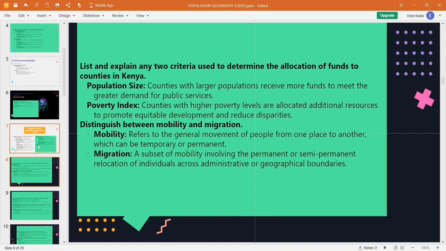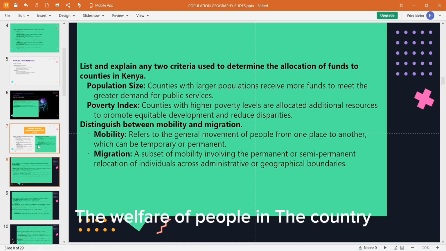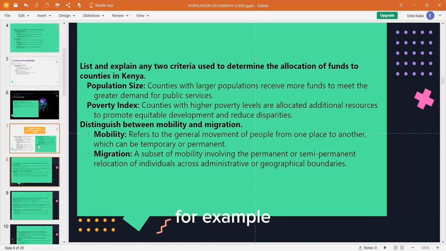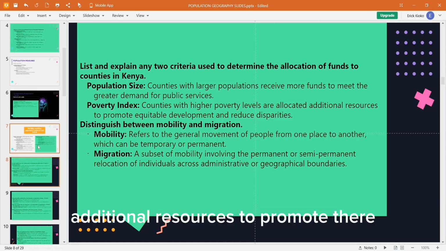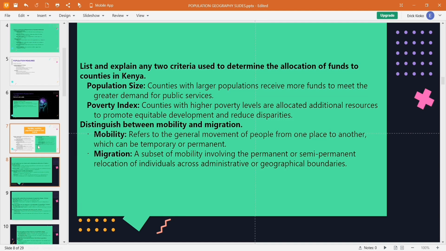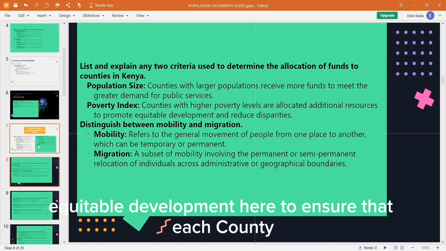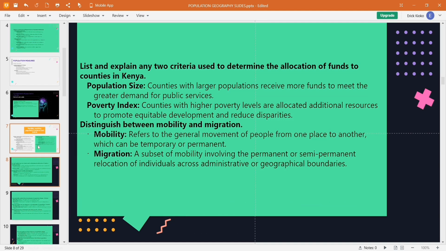Poverty index just measures how well-off people are in the county. For example, counties with higher poverty levels are allocated additional resources to promote their equitable development, to ensure that each county is developing as well as the others.